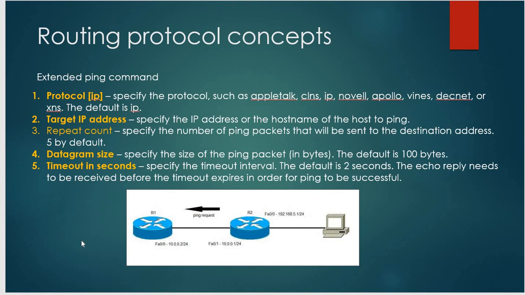The default is 2 seconds. Within 2 seconds, if there is no reply, then the destination is accepted as not reachable within the timeout period. If the destination replies back after that, then the source recognizes it as a timeout, it's expired.